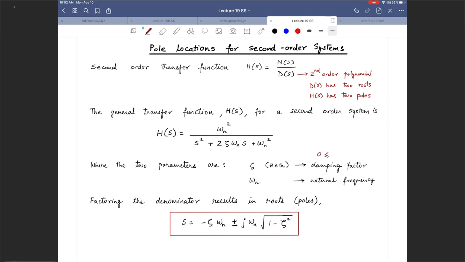It can go as high as possible, right? The more you increase damping, the less amount of oscillations you will have in the system. So if you want to damp out all the oscillations, increase zeta.